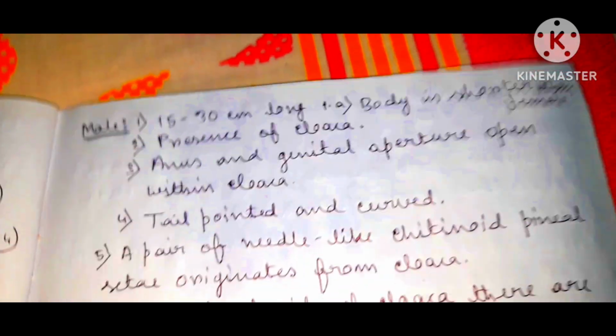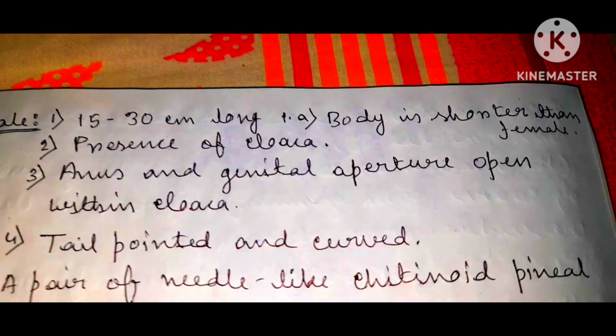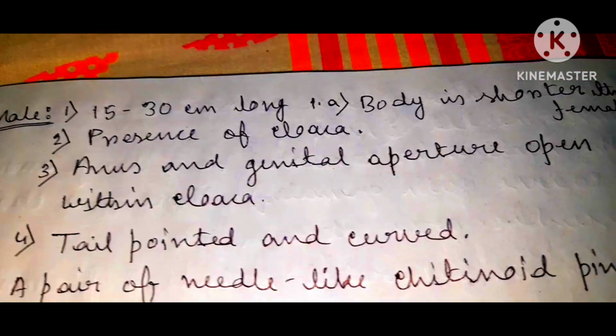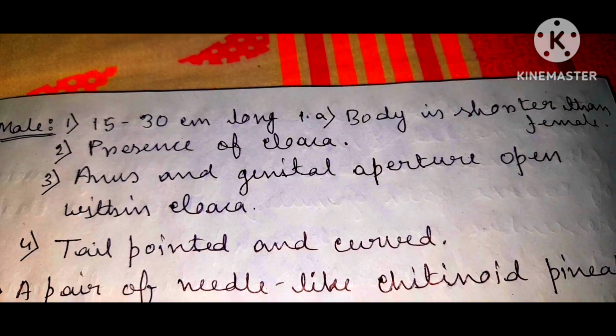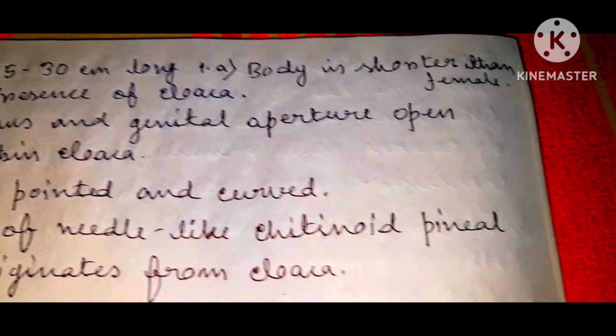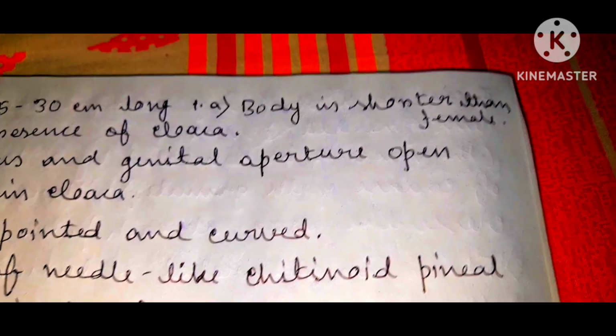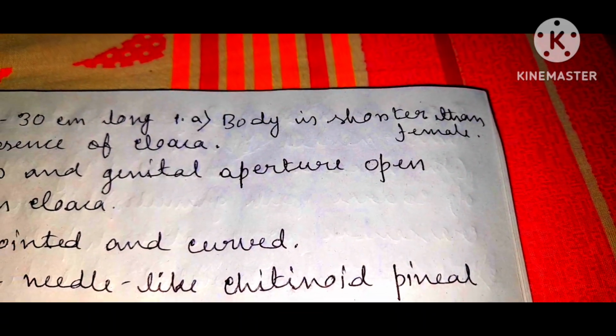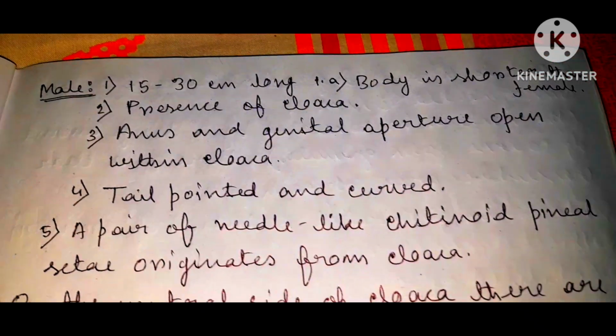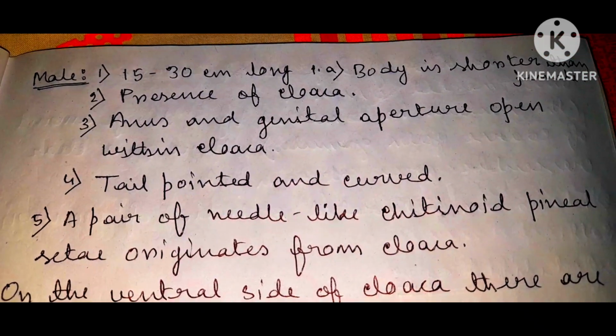Now come to specific character of male Ascaris. 15 to 30 centimeter long body. 1A, mention it as point number 2. Body is shorter than female. Presence of cloaca.